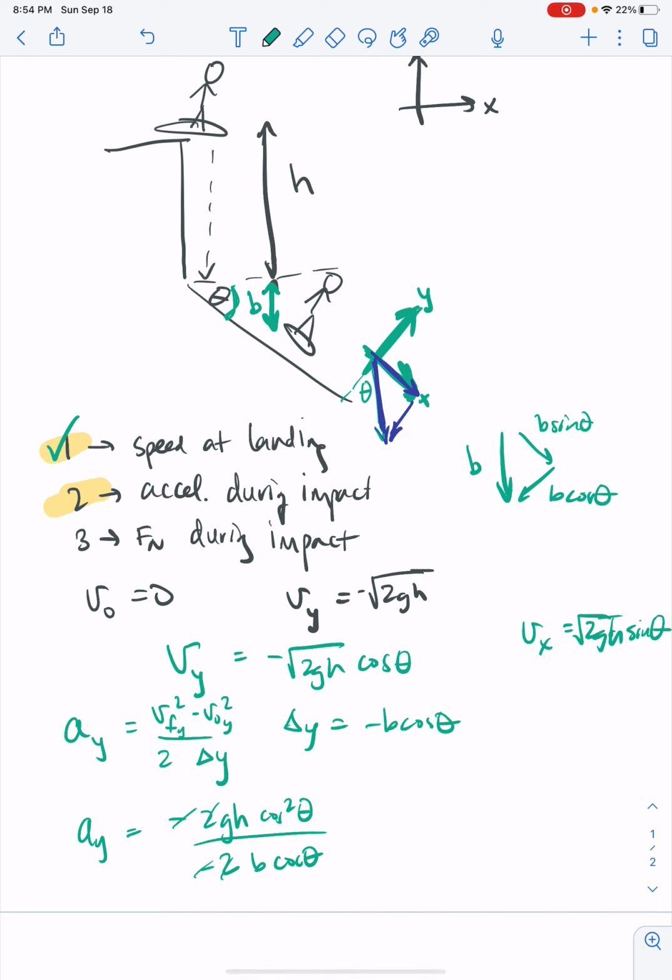Our negatives cancel out, one of the cosines canceled out, and we get gh cos theta over b. That acceleration is positive, which is what we expect, because he was dropping into the slope, and now they're no longer dropping into the slope. So this is our net acceleration in y. We found that, and now we can use that to find the normal force.